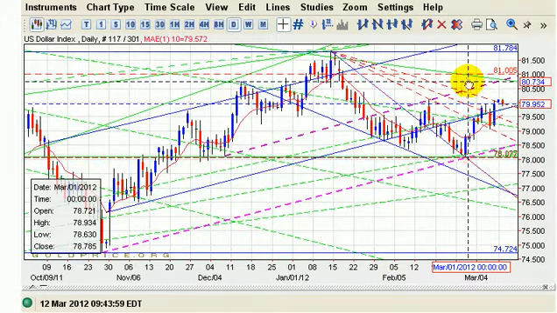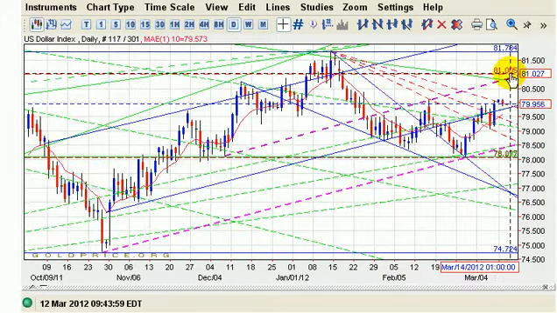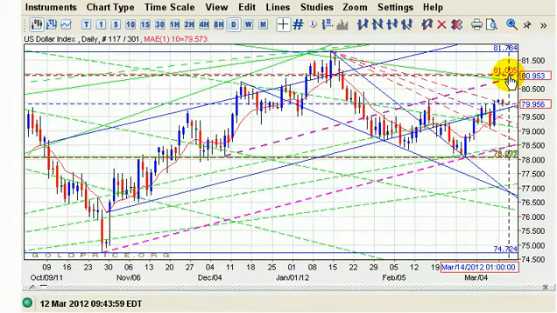So this will highlight the next target for the US dollar to move higher. Subsequently, the European majors would tend to move lower as well.